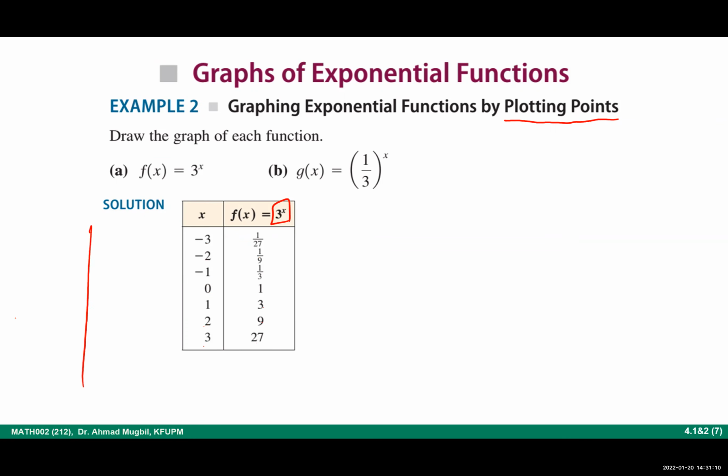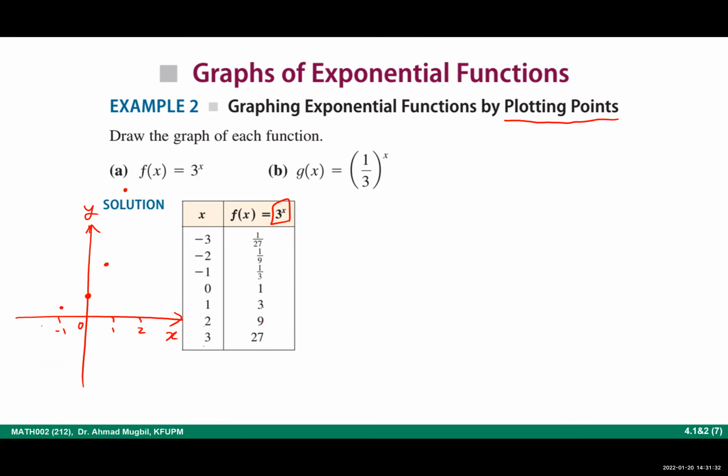Now let's go and plot these points. Now 0 and 1, this is 0 and this is 1. 1 and what? 1 and 3, let's say here. 2 and what? 2 and 9, it will be here, and so on. Let's go back to the negative direction. When x is -1, what is y?